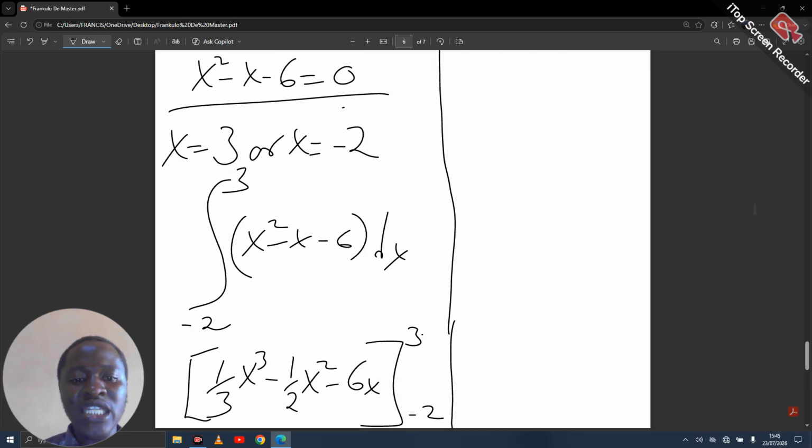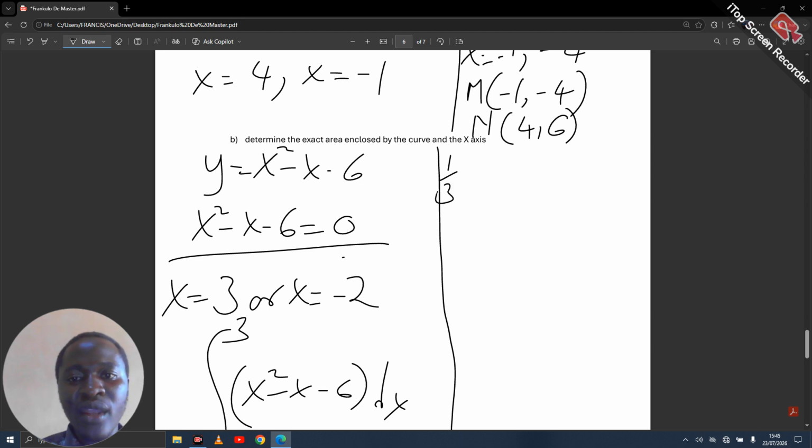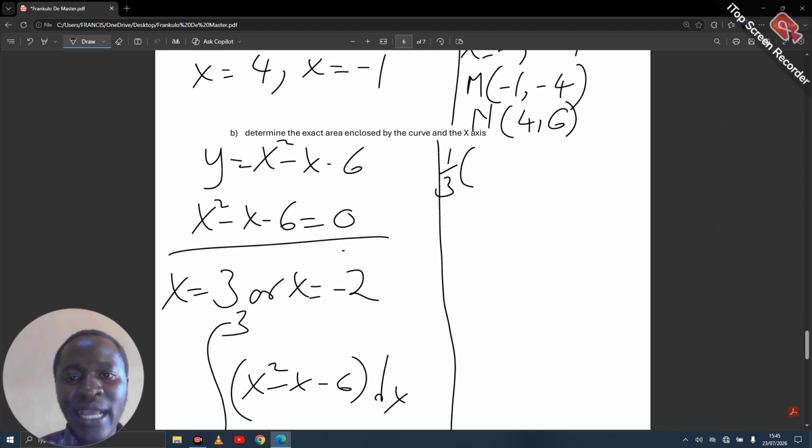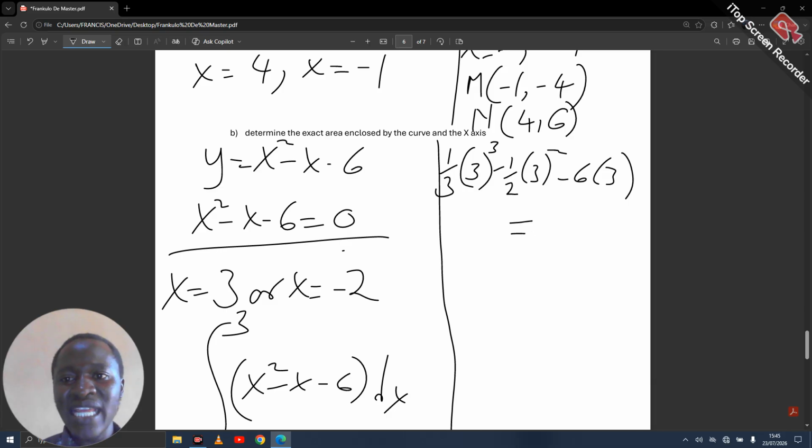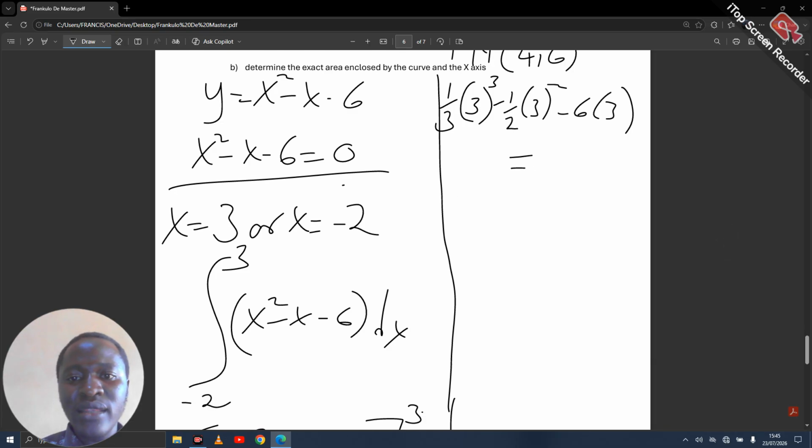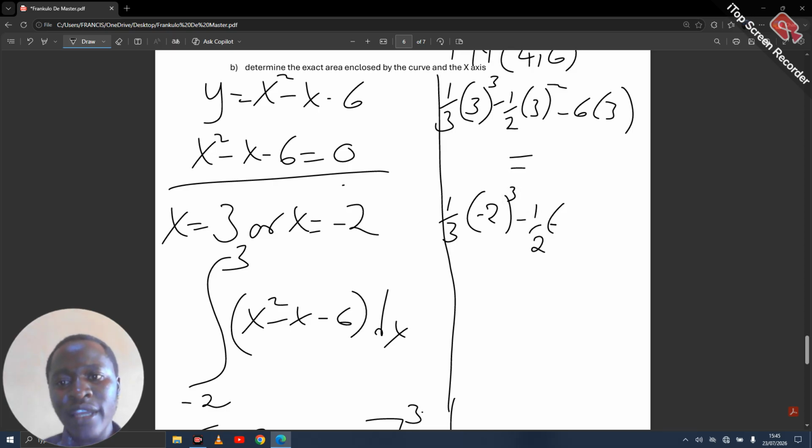Now, a third into 3 cubed, minus a half into 3 squared, minus 6 into 3. Get the answer there. Then we have a third into negative 2 cubed, minus a half into negative 2 squared, minus 6 into negative 2.